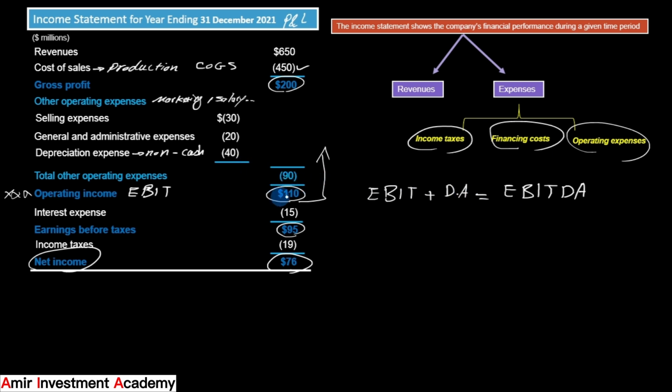So we had 110 of our operating income plus the 40. So the number that you can compare to the previous periods and everything to judge if the management is doing a good job or not, that would be the number, 150 million. Okay, just keep that in mind.